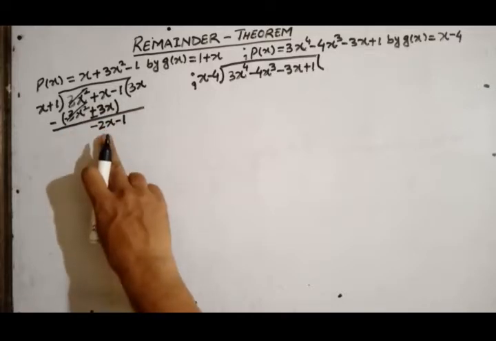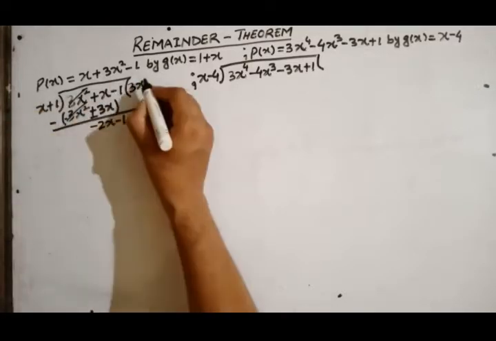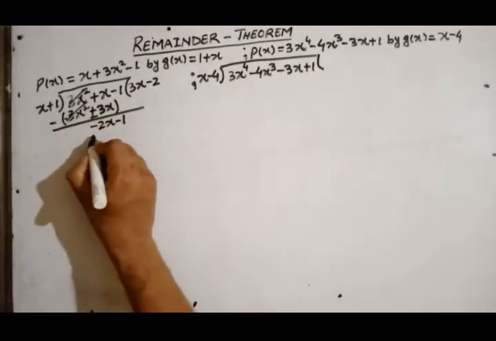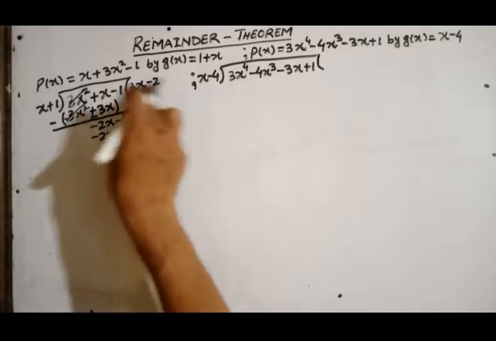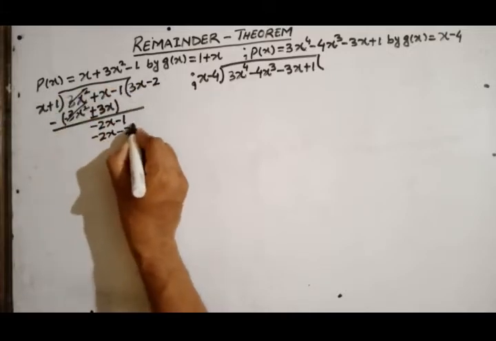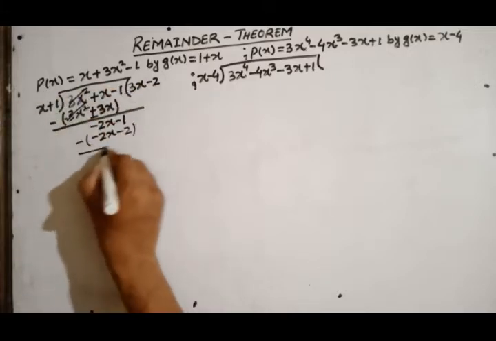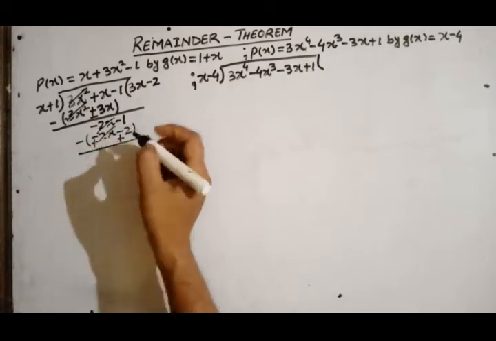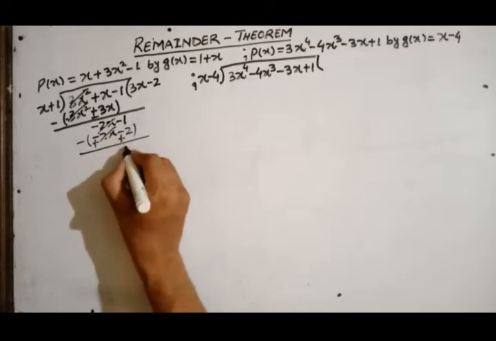Now to eliminate minus 2x, x needs to be multiplied by minus 2. So minus 2 into x is minus 2x, and minus 2 into plus 1 is minus 2. On subtraction, 2x gets eliminated, and plus 2 minus 1 is plus 1.